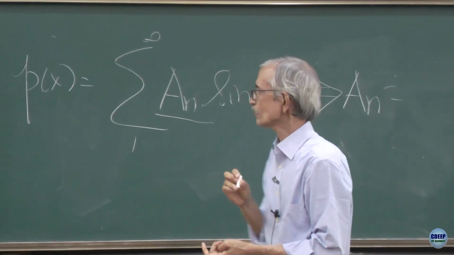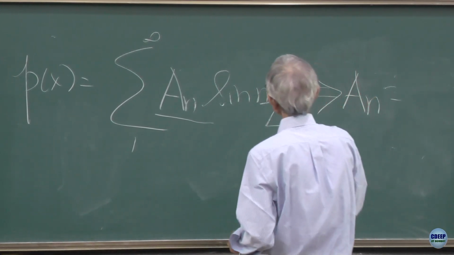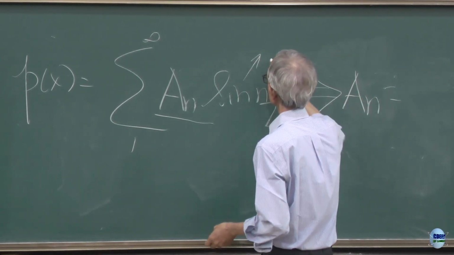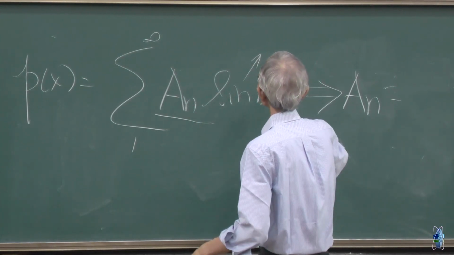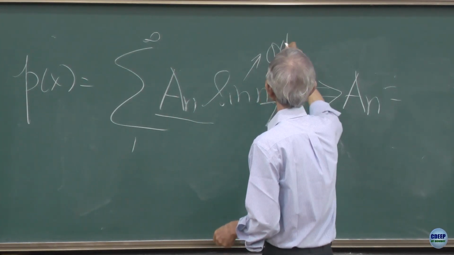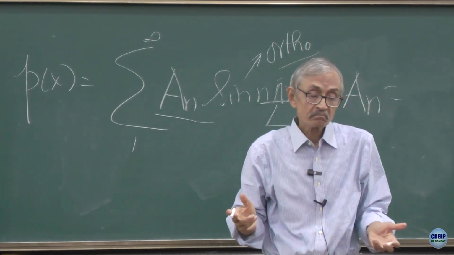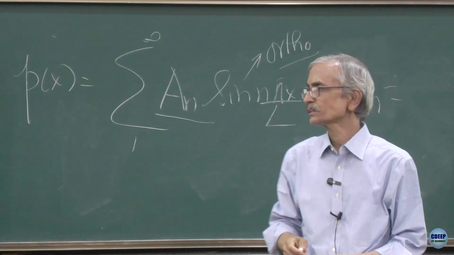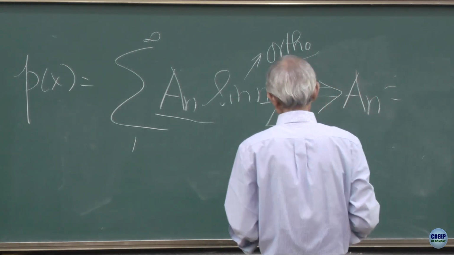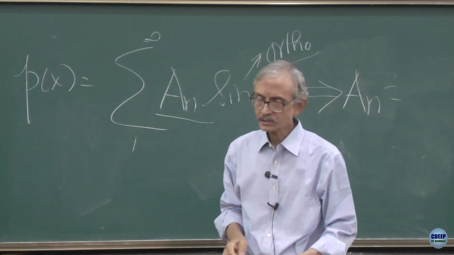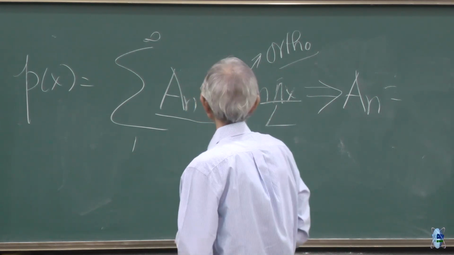Yeah, so what you are saying now is that, remember, from your 10th class trigonometry, you know that these are orthogonal functions. That I know from my trigonometry. So all that I need to do is to multiply both sides, which is what we did for the Fourier series.